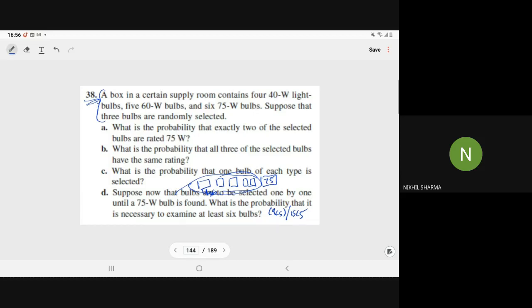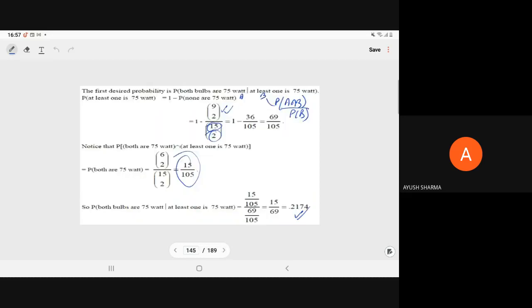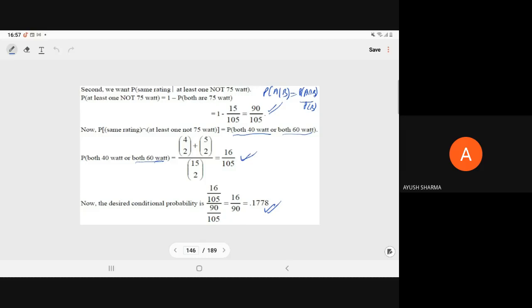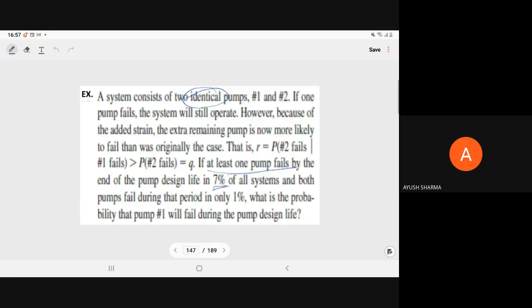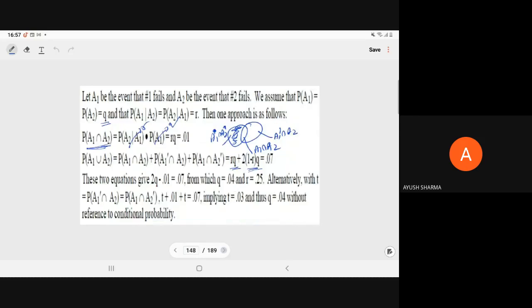Okay, sir. Can you show the solution of the pump question in which the probabilities were Q and R, the pump A and pump B? Yes, sir, this one.